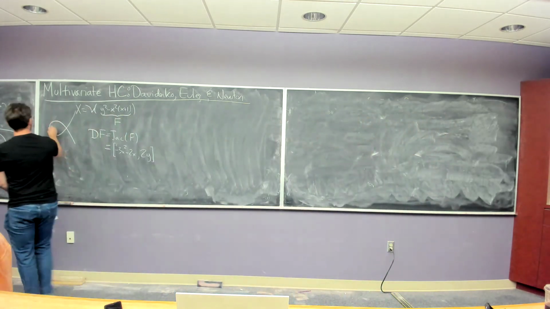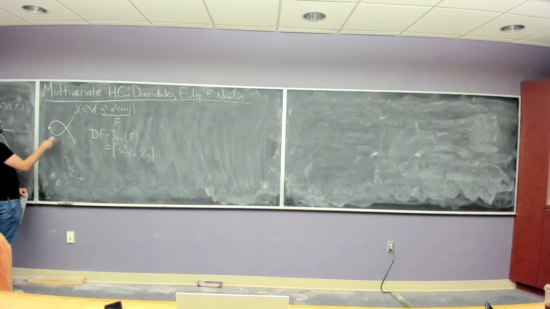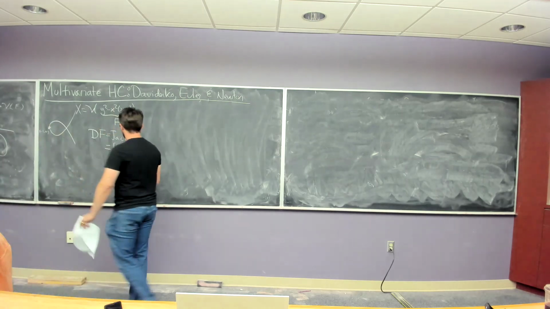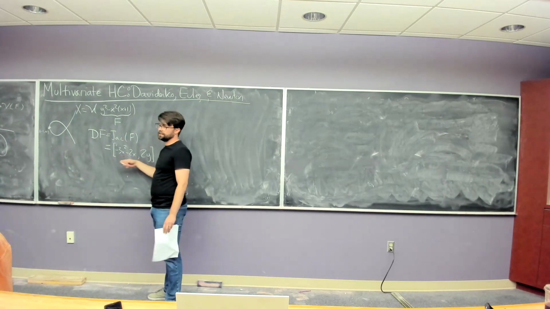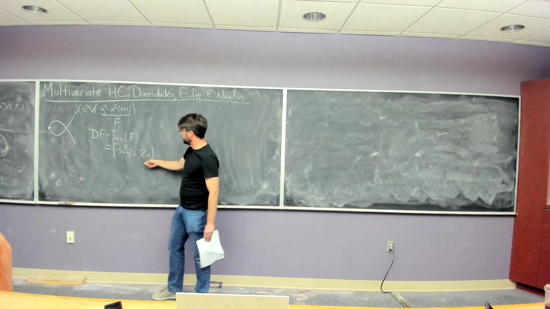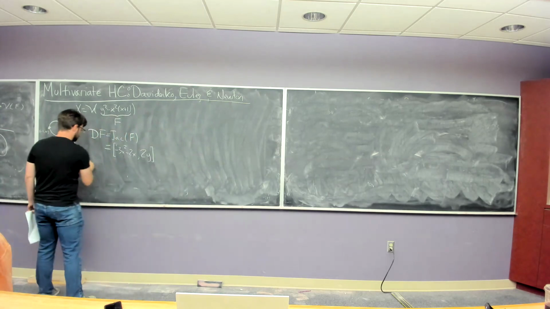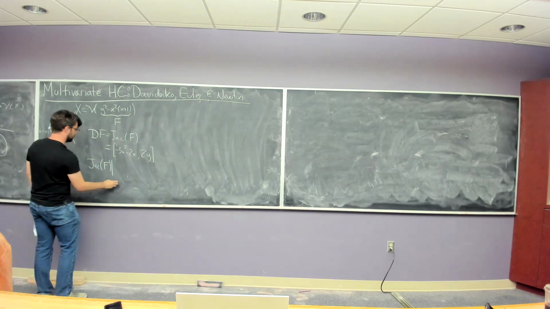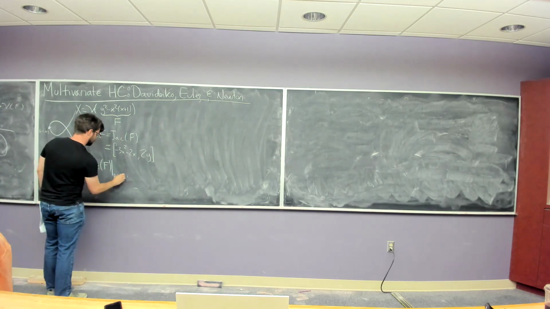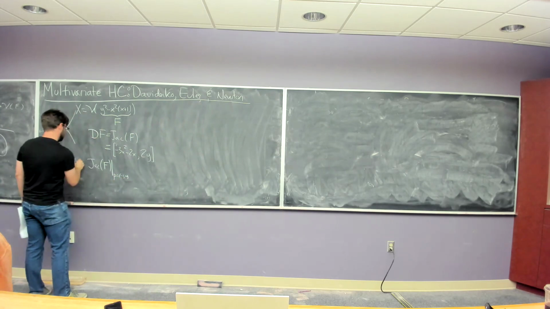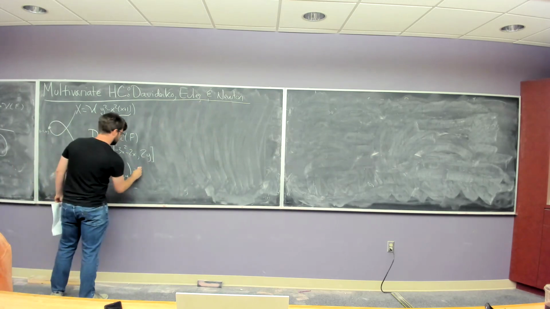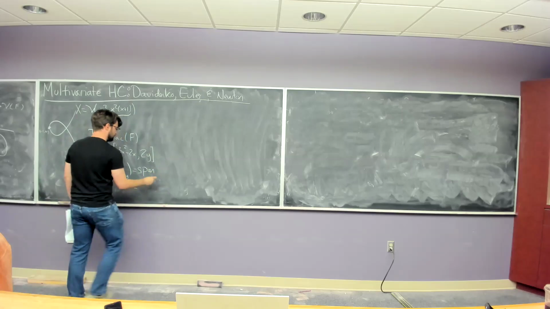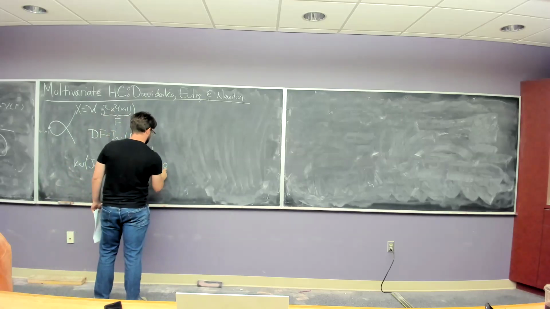So for example, if I choose the point x is going to be -1, 0, and we plug this in, we're going to get something here that's not 0. We're going to get 0 here. And so the Jacobian of F evaluated at the point -1, 0 has a kernel, which is the span of 0, 1.